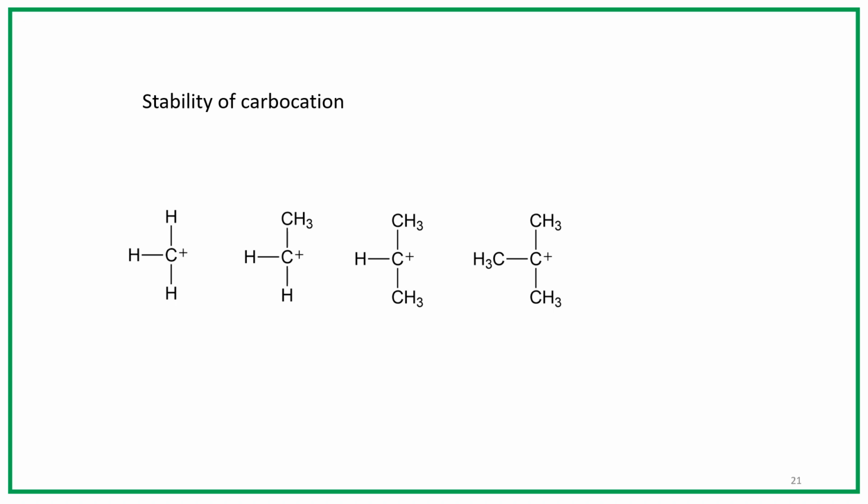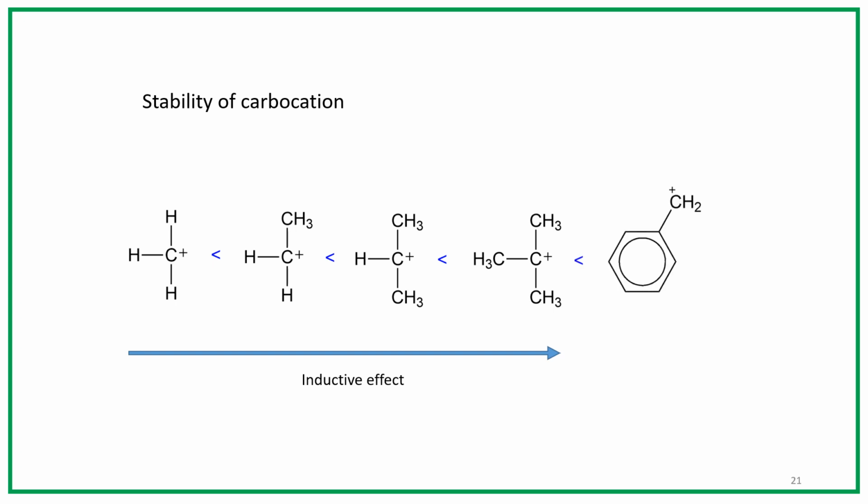So the induction effect of the methyl groups, which push electrons to the central carbon atom which has the positive charge, can neutralize this charge. Therefore, higher stability can be observed. Therefore, the stability increases in this order. The right hand side carbocation has more stability due to the inductive effect.